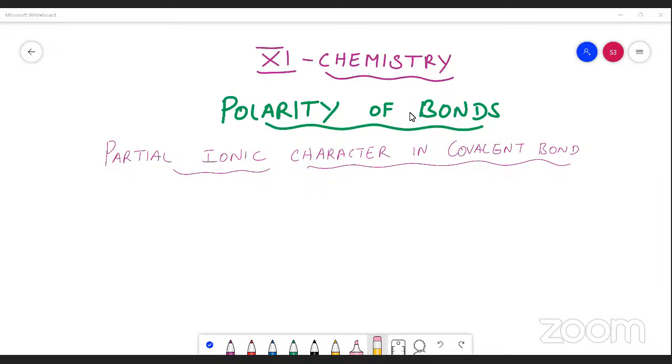Our topic is partial ionic character in covalent bond.